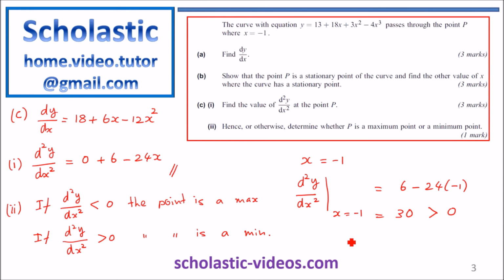Greater than 0 means the second condition. Therefore P is a minimum point. That concludes the answer. Thank you.